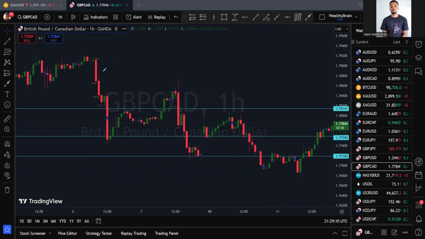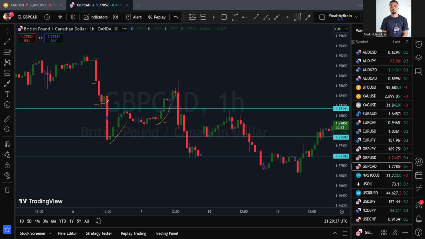Over here, you can see that the red candles are dominating, and the green candles are not dominating like that. You can see that one red candle came and swallowed about four green candles. This is just to let you know that the selling pressure is high.